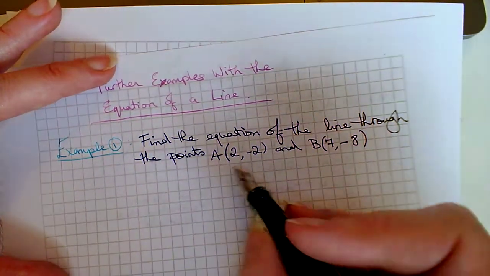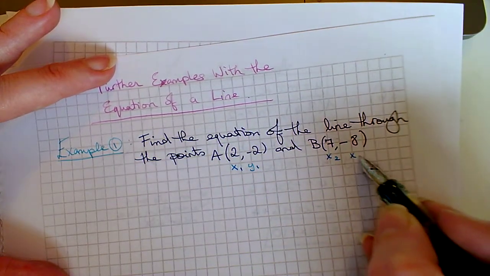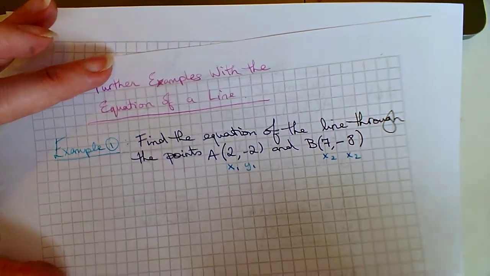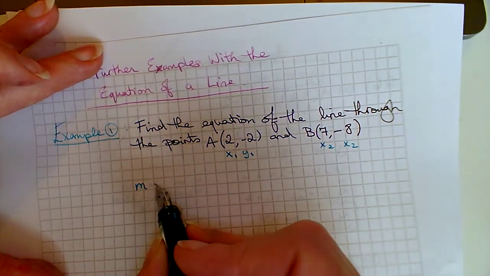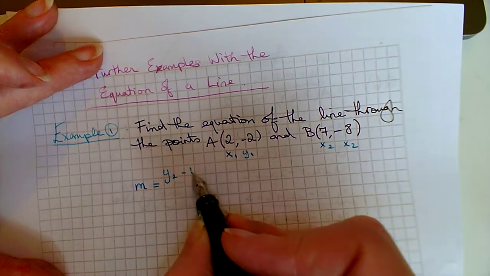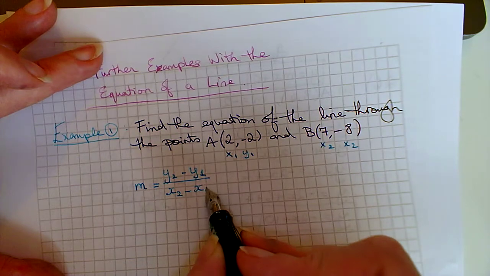Okay, so just like the homework, first we're going to need to find the slope. Always label your points x and y, first point, second point. The slope of the line is the difference between the y values divided by the difference between the x values.